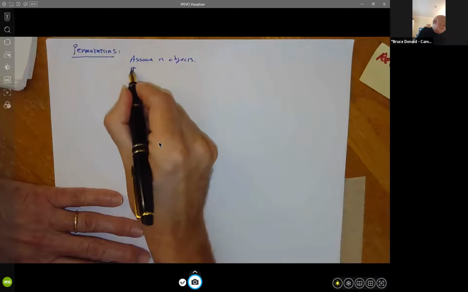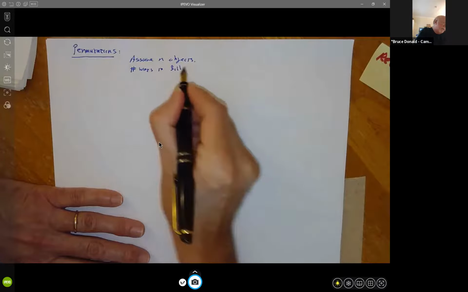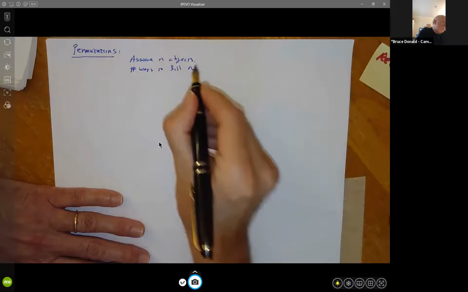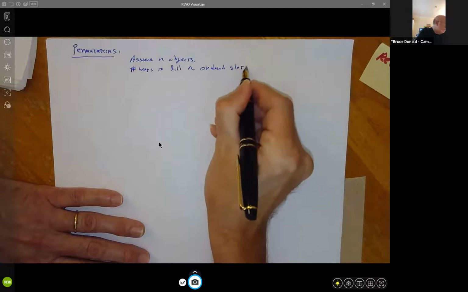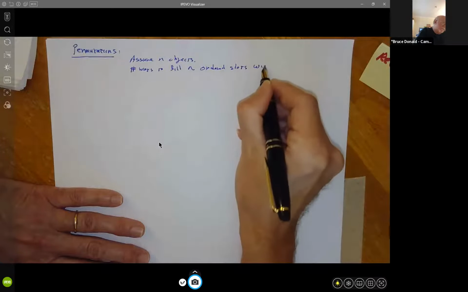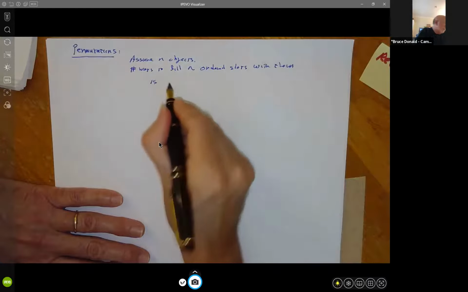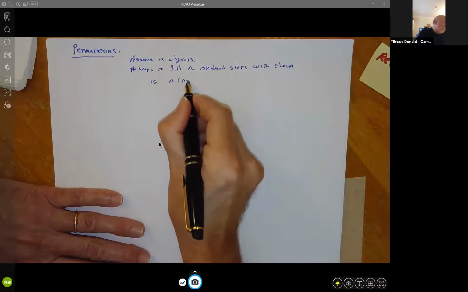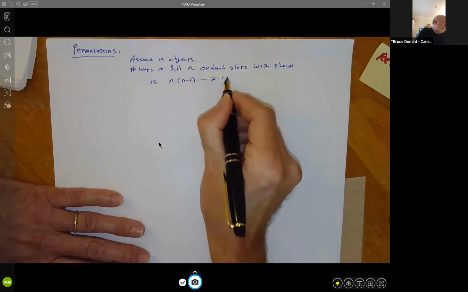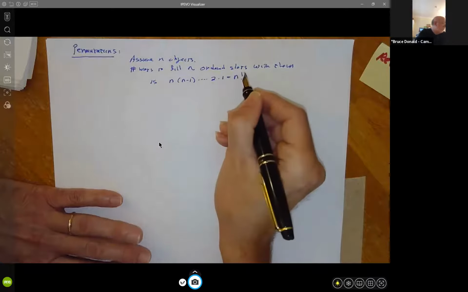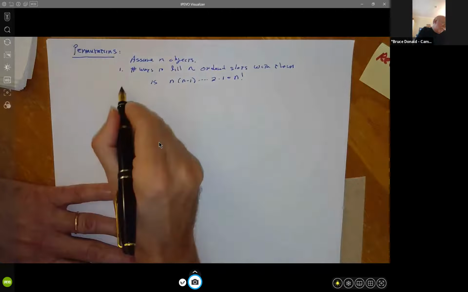The number of ways to fill n ordered slots is n times n minus 1 multiplied down to 2 to 1, which is equal to n factorial. That's formula 1.